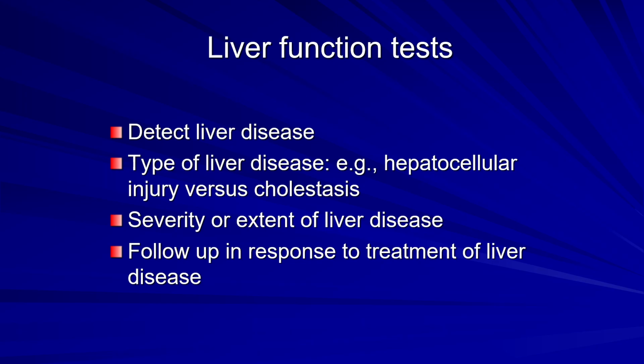Is it hepatocellular injury, or is it cholestatic injury, or is it a mixed injury? The liver tests help us also determine the severity or extent of liver disease, and they can be very useful in following up the response to treatment of multiple liver diseases.